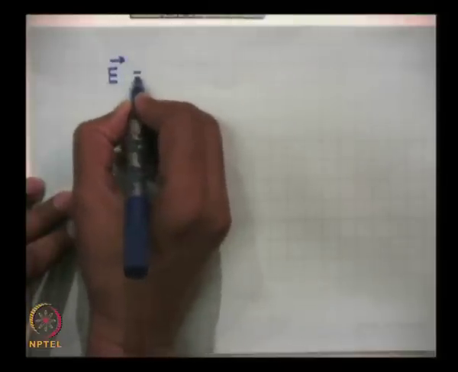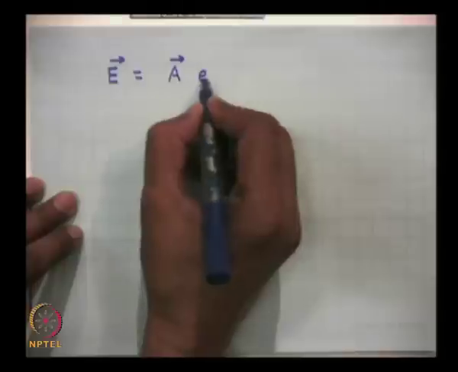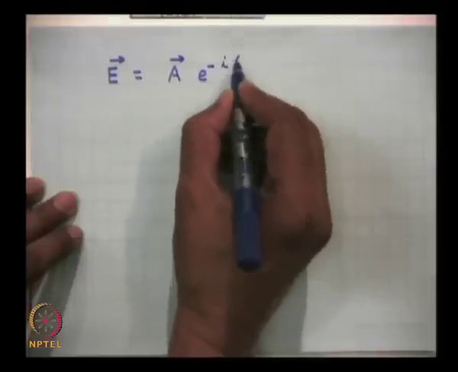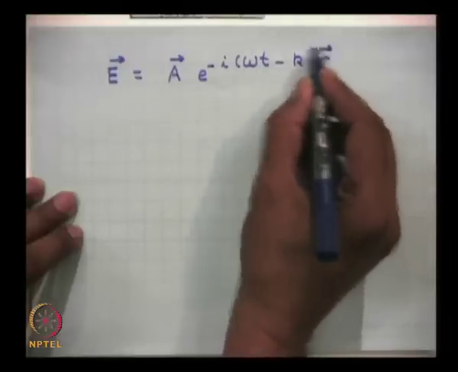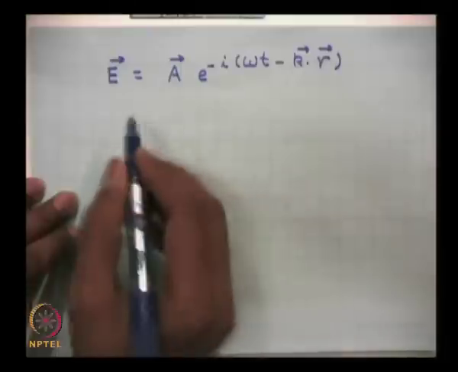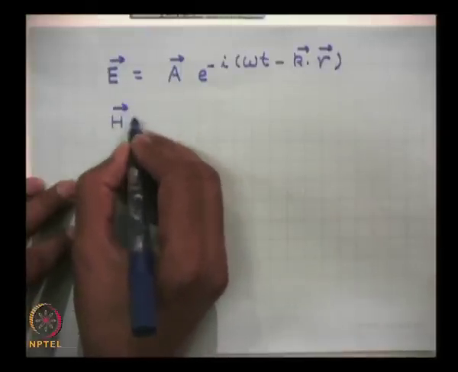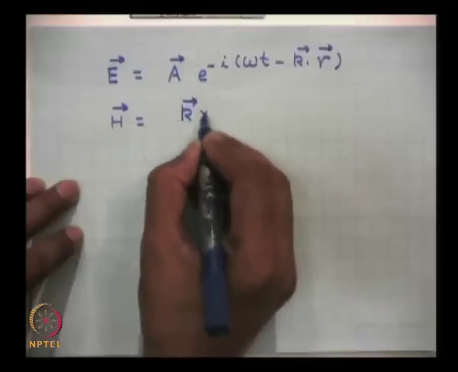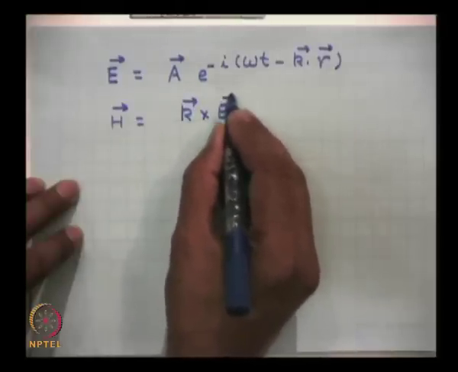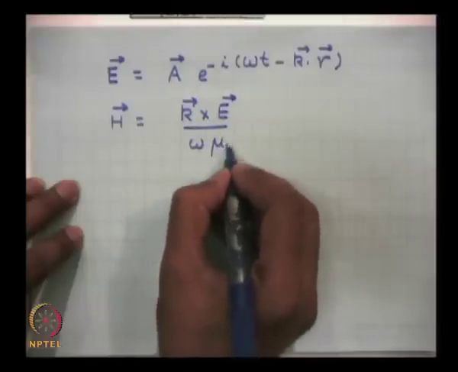For this Poynting vector I can write down E explicitly as A exponential minus i omega t minus k dot r, and H, which I just wrote down from the third Maxwell equation, is equal to k cross E upon omega mu 0.